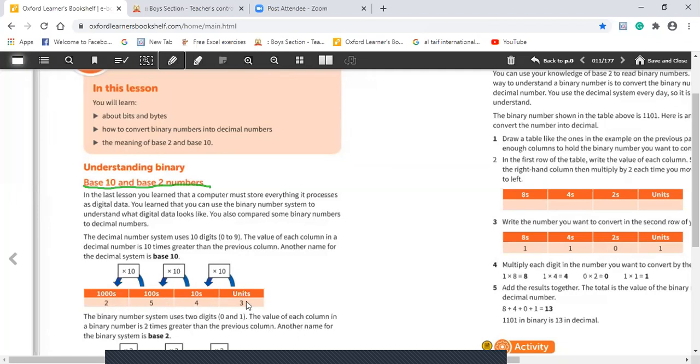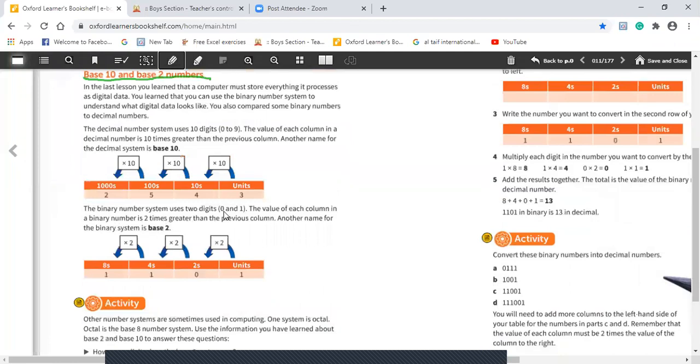It's written like this: 2 units, 5 tens, 4 hundreds, 3 thousands. What we did is multiply by 10, that is the 10 system. Multiply by 10 will be the 100 system. Multiply by 10 will be the 1000 system.